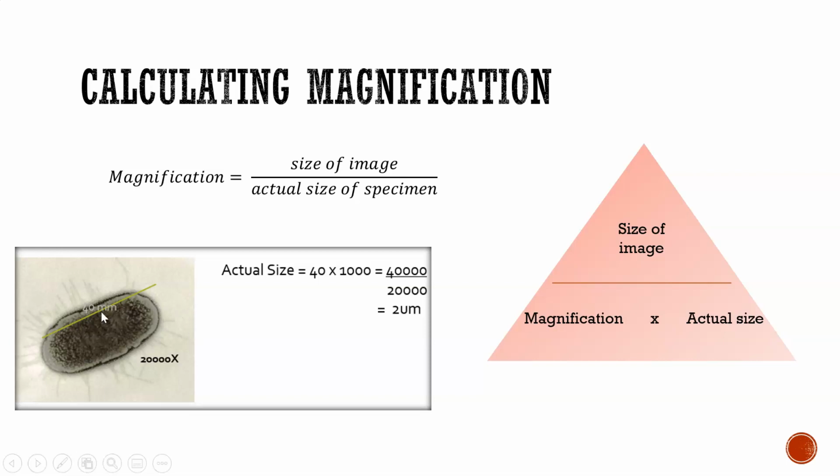So remembering here we've got our size of our image and our magnification, and we're trying to find out our actual size. Our size of image was 40 millimeters, so we had to convert that to be at the same level as our magnification.